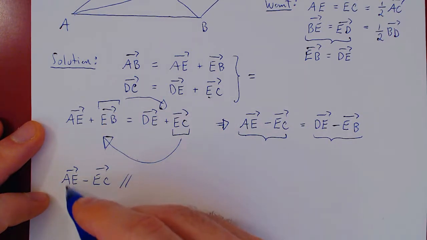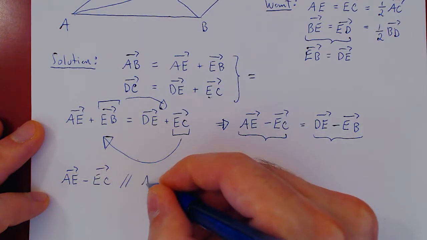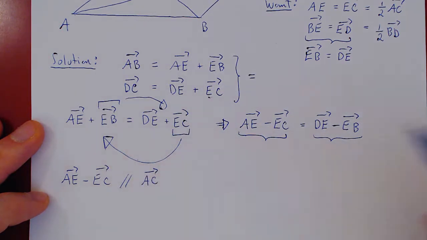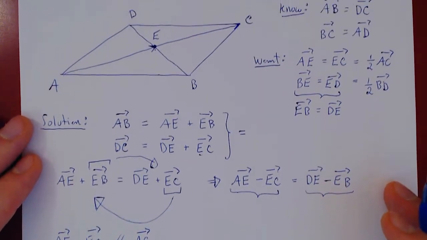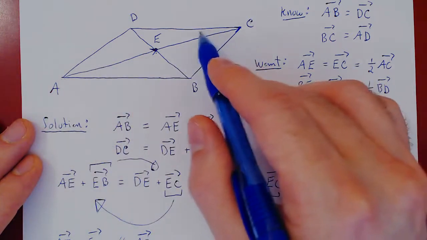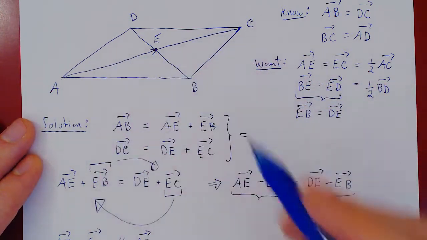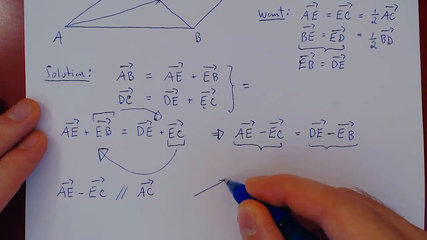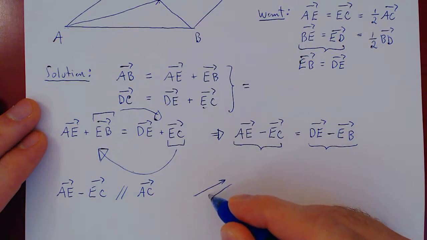So this means that vector AE minus EC is parallel to AC. So it has either the same direction as AC or the opposite direction. But in either case, it will either be pointing this way or this way. So the vector will either point like this or maybe like this.